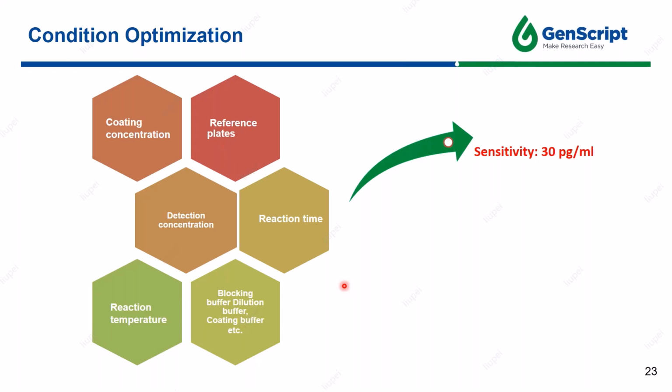So to meet these objectives, we need to balance many factors. Sensitivity and precision are key goals. So after optimization of the coating concentration, reaction time, detection concentration, the sensitivity of the kit could be 30 pg/mL.